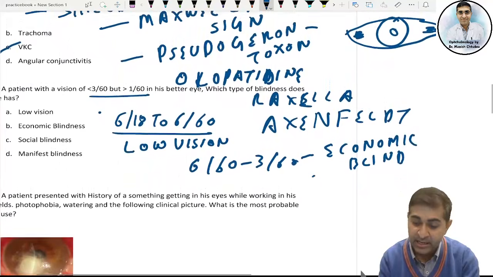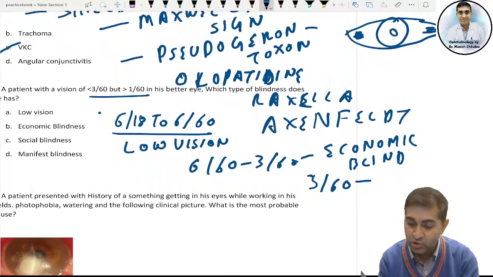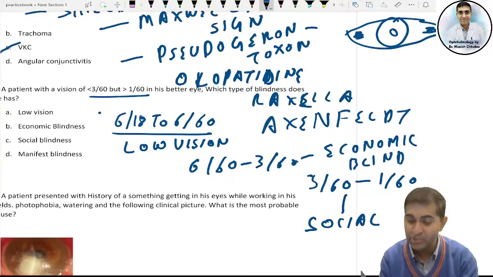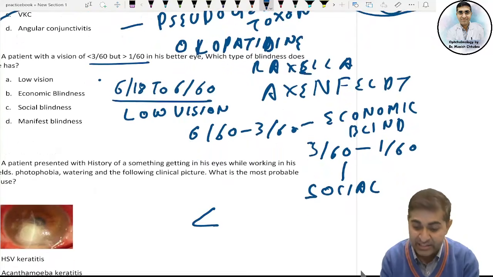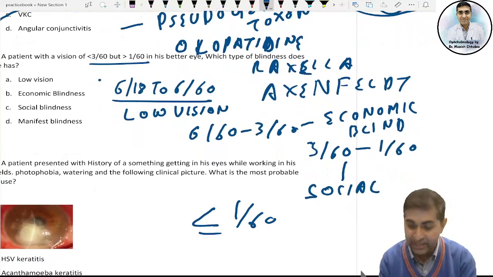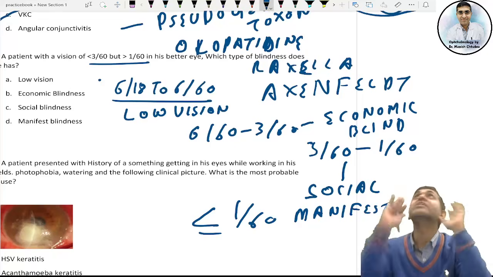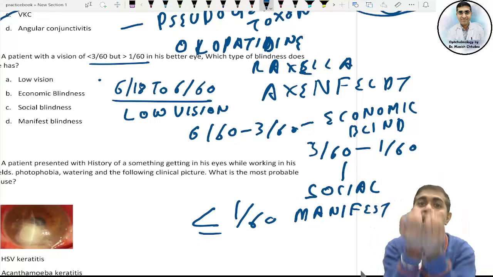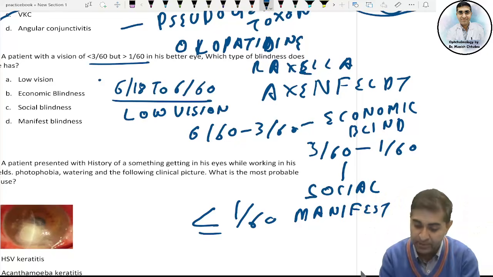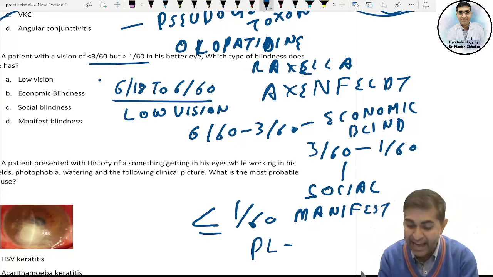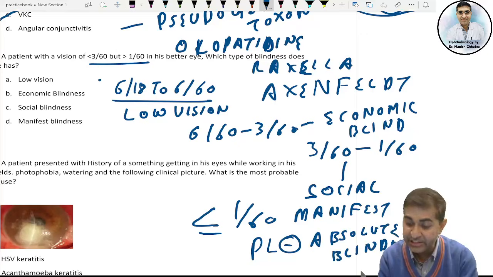And if it is 3/60 to 1/60, it goes in favor of social blindness. And if it is less than 1/60, then it goes in favor of manifest blindness. If the patient cannot perceive light, if the patient says I cannot tell day from night, so it will be PL negative. So it will be absolute blindness. So that is the criteria.